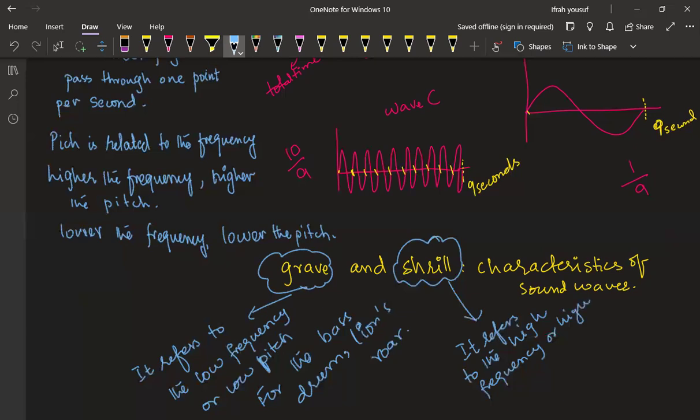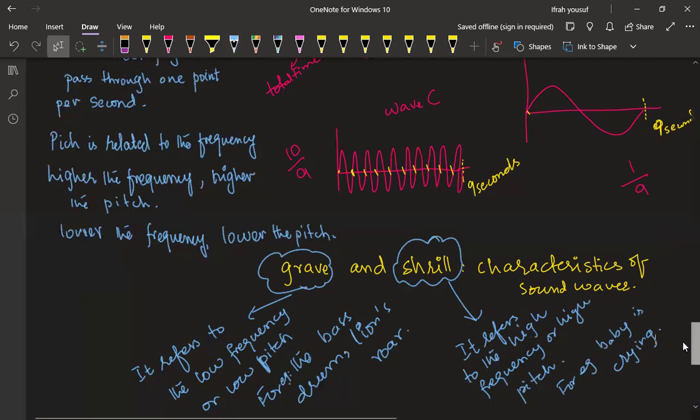Clear? ठीक है। सो फॉर एग्जाम्पल, बेबी इज क्राइंग। ठीक है। सो द साउंड ऑफ द क्राइंग बेबी इज ऑल्सो considered as a shrill sound, right? Clear?